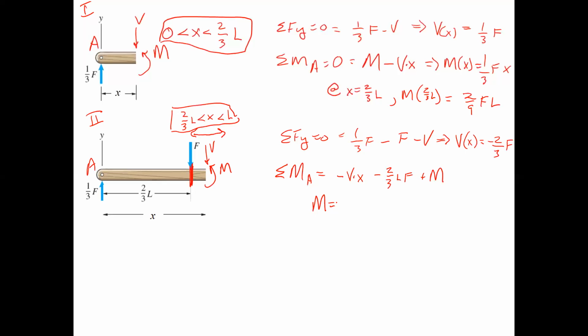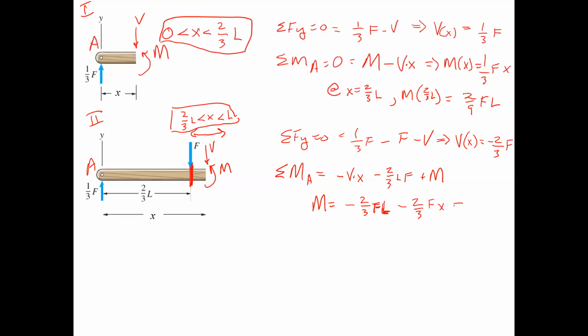So it's minus 2/3 FL. Oops, those are just two symbols; we're multiplying F times L. And it is also minus 2/3, that's the V, minus 2/3 F times X. I switched the order around.